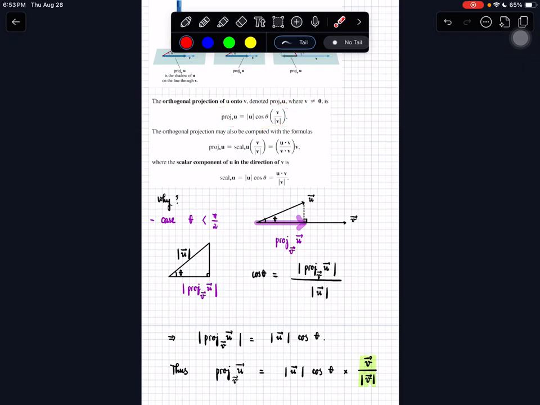So this vector is actually the projection of u onto v, and that is this formula. You can do the same with the case theta bigger than 90 degrees, and you will get the same formula. So if you need to memorize that, just remember how to compute it for the case the angle is acute, and you can use the formula for the case the angle is obtuse. It's the same formula.